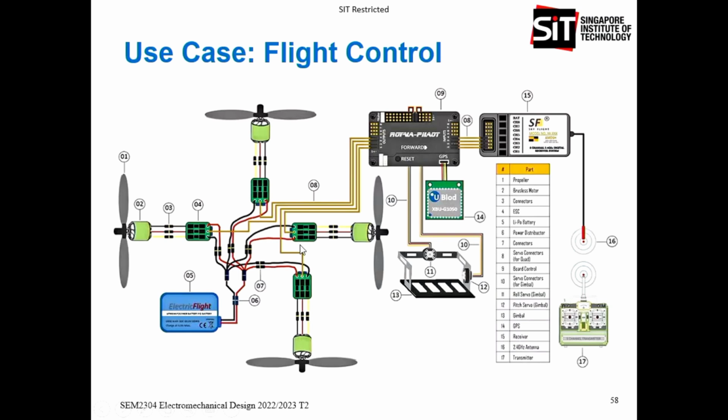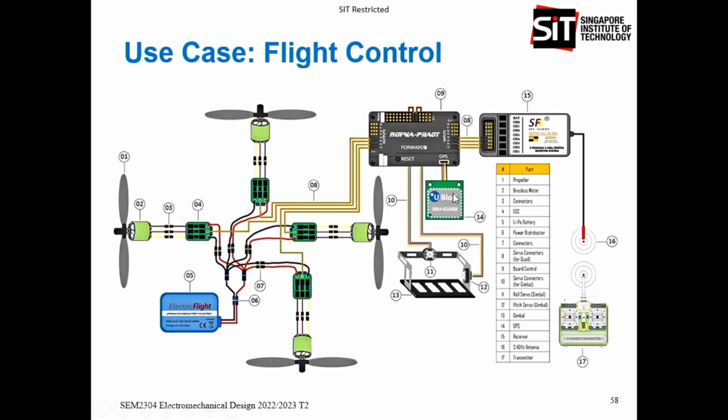Now, besides controlling the actuators, this guy also needs to read information from the sensors. One of the sensors that a drone needs is position. Position can come from things like GPS. If you are flying indoors, with no GPS, we can also have UWB.